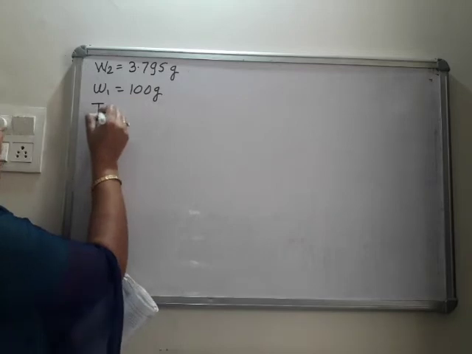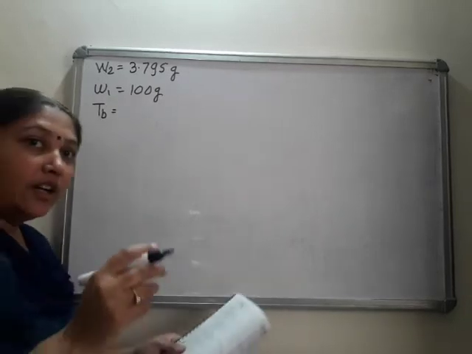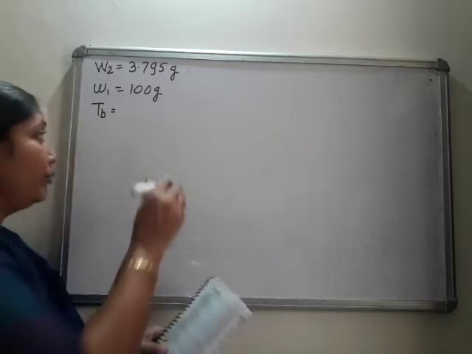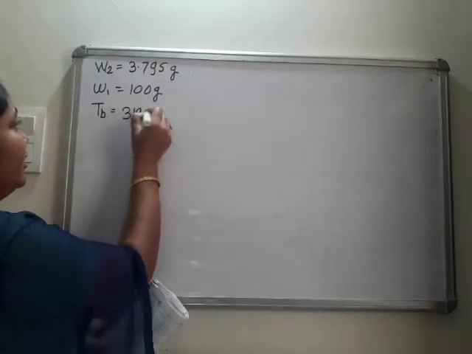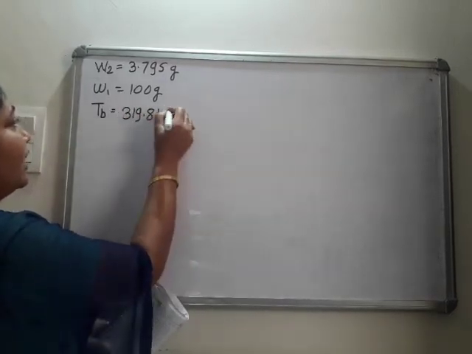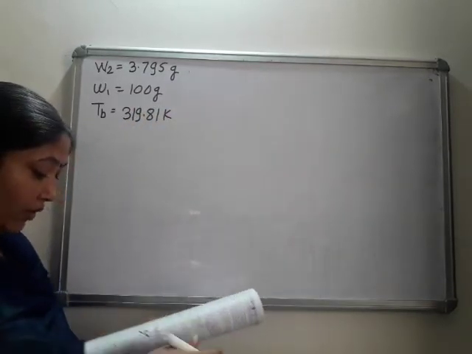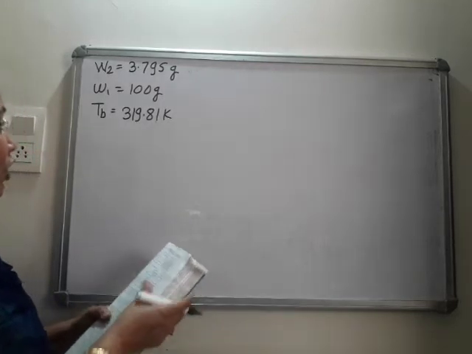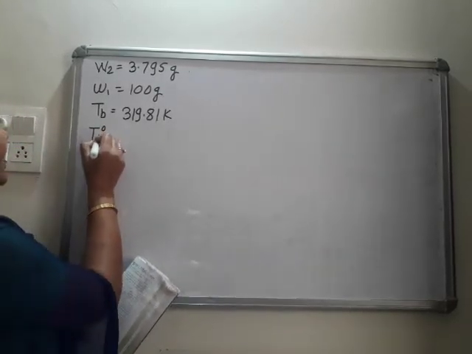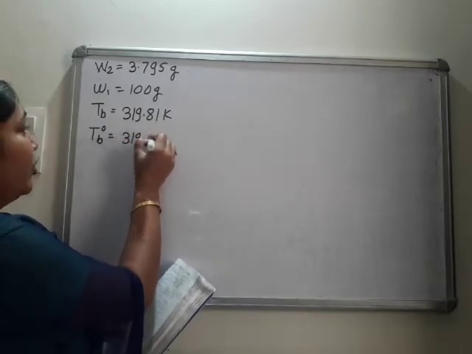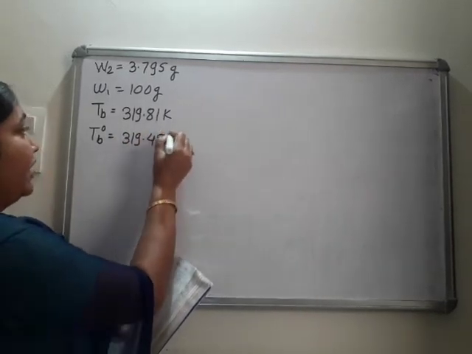If you don't know the data, how will you solve the sum? Tb, boiling point of solution. How much? 319.81 Kelvin. And boiling point of solvent is given, that we denote as T0b. And what is it? 319.45 Kelvin.